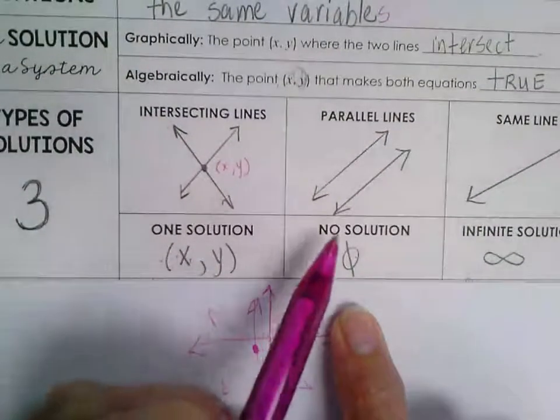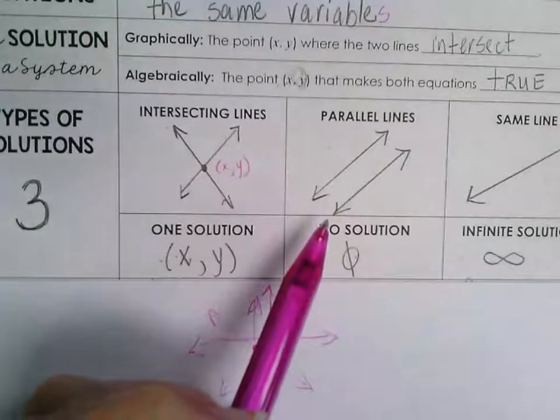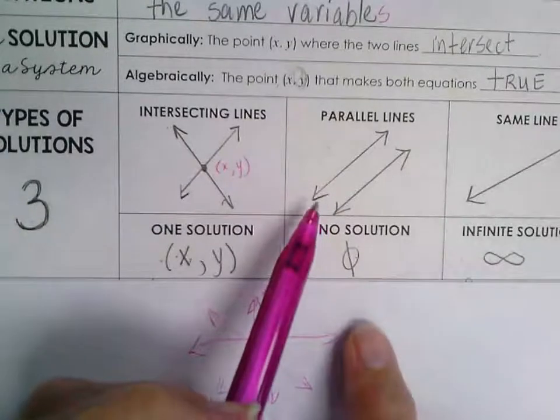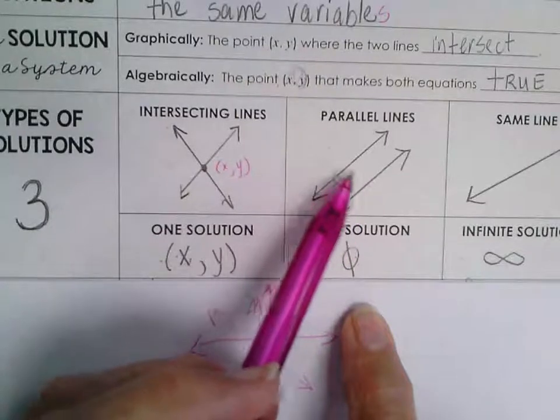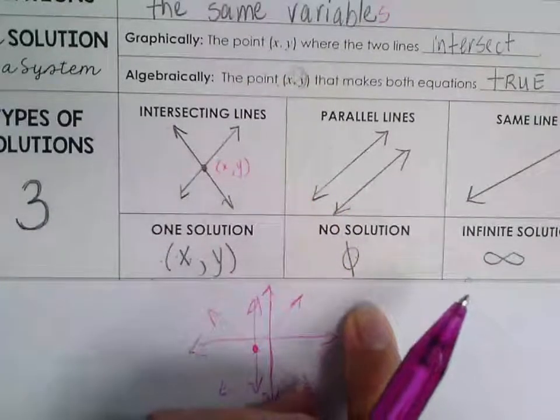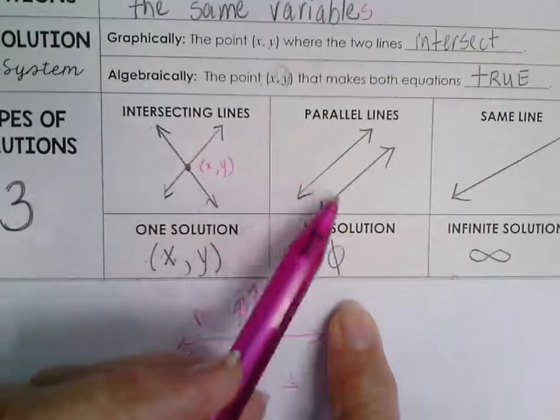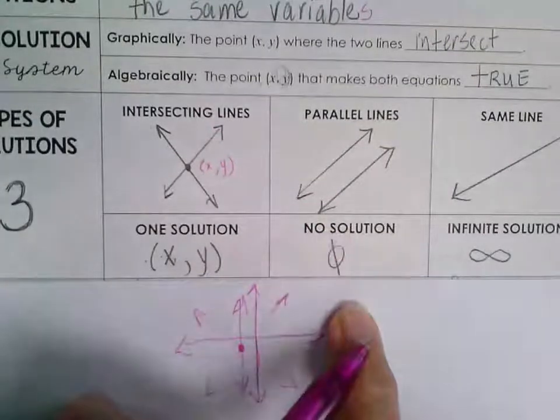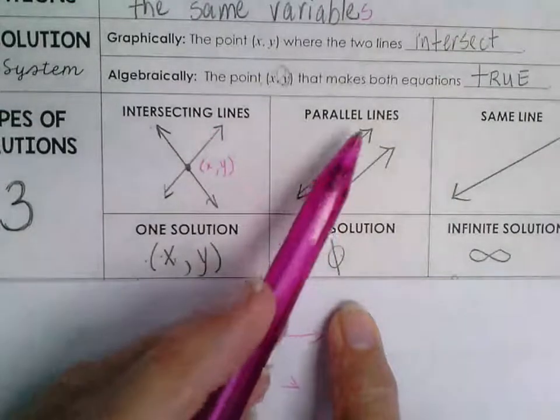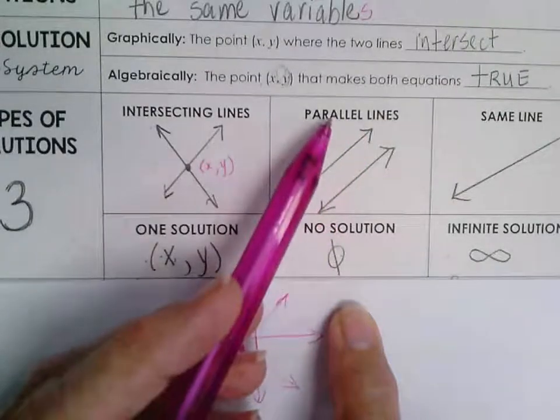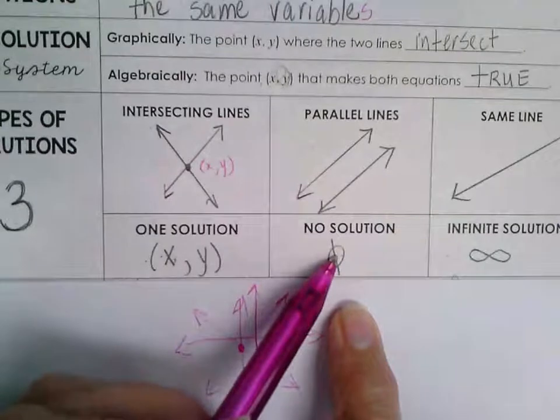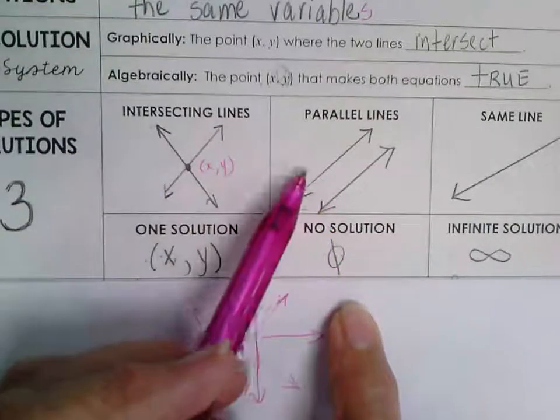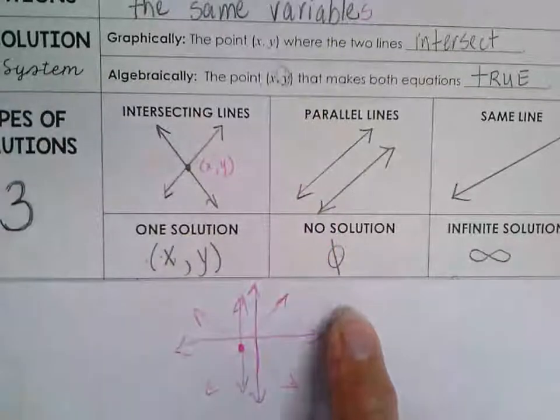However, when you change the equations into slope-intercept form, you might find that the lines are parallel. And in that case, there is no solution. So if you get that situation where your slope is the same for both lines, without even graphing it, you'll know that you'll have no solution because they will never intersect each other.